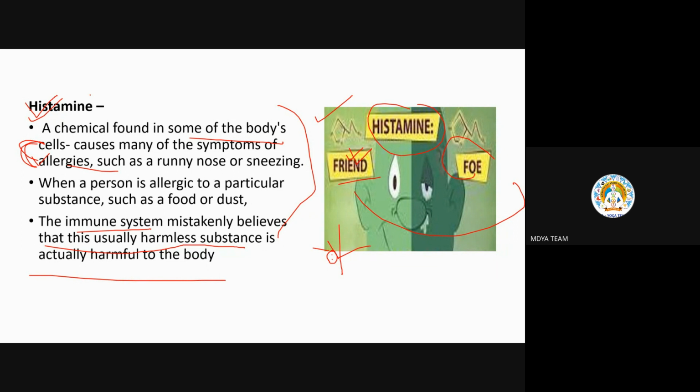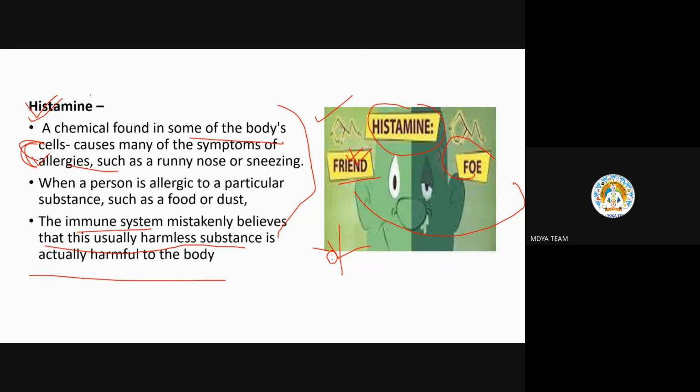Ma'am, will this histamine be released only in this particular disease, or generally? No, it can be released in other conditions also, but when some reaction takes place in our body, like outer allergens coming, then histamine is released. In other conditions also histamine is released somewhere, but this is the main thing we are studying.